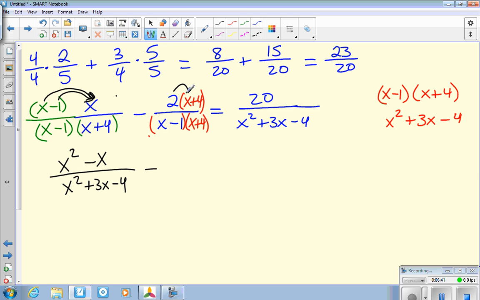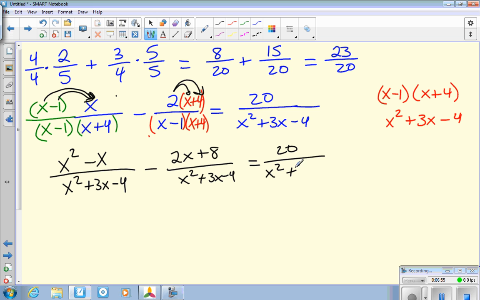Minus 2x, and 2 times 4 is 8, all over x squared plus 3x minus 4 equals 20 over x squared plus 3x minus 4.